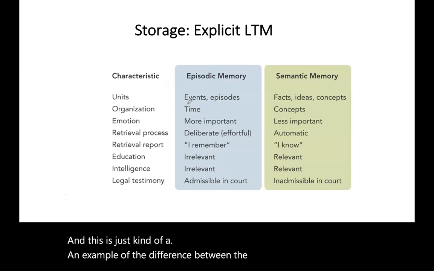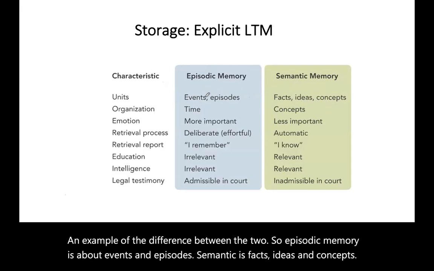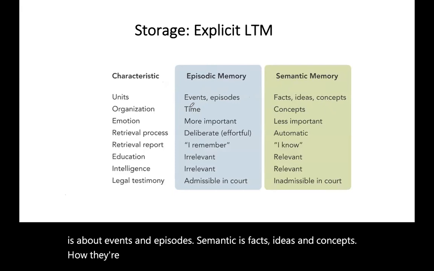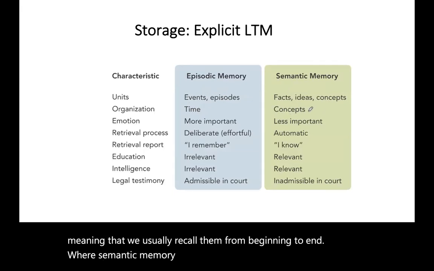So episodic memory is about events and episodes. Semantic is facts, ideas, and concepts. How they're organized: episodic memories are organized in time, meaning that we usually recall them from beginning to end, whereas semantic memory is organized by concept, okay?